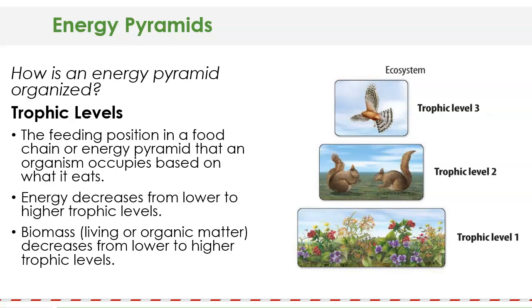There is a lot more living matter at the bottom of the pyramid than there is at the higher levels of the pyramid. In other words, as we'll see in a moment, producers, as you can see in the picture here, are at the bottom of an energy pyramid. You have your apex predators at the top. Again, we'll talk about this more in a few minutes. You have many, many more producers in an ecosystem than you do apex predators. So there's a lot more biomass at the bottom.